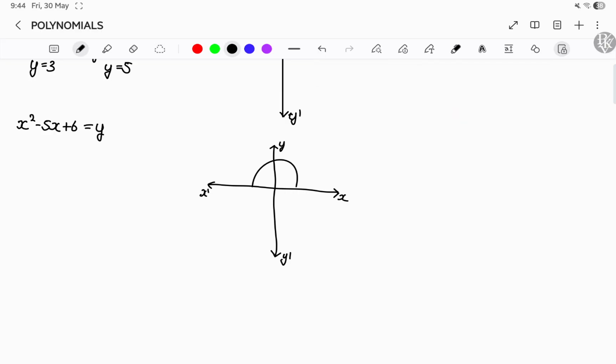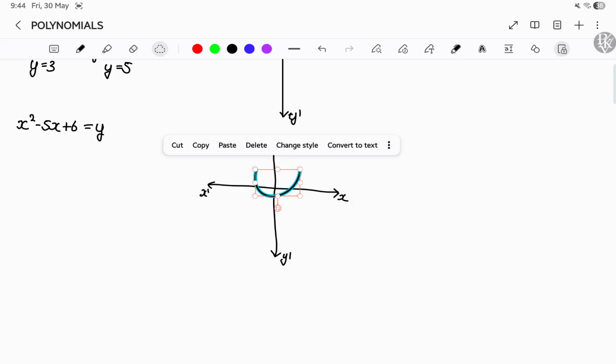We call that shape the parabola. Now for this specific graph, the parabola looks more like this, and we might be asked questions on which way the parabola opens. Is it upward like this or downward like this?